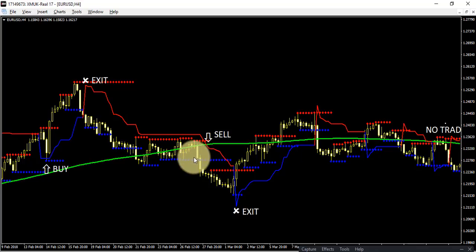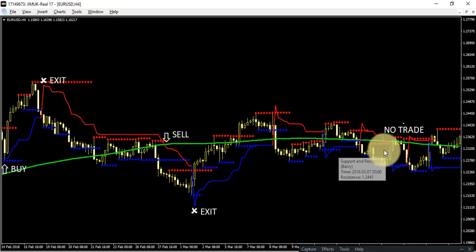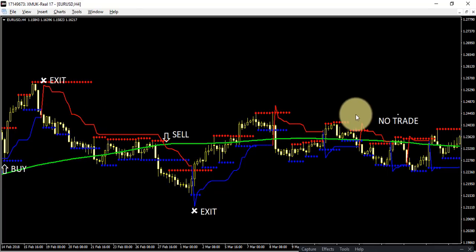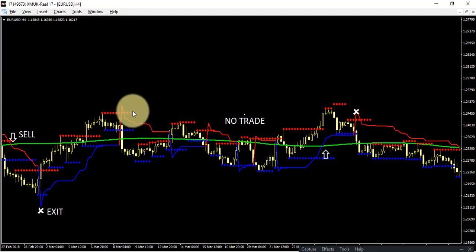Now we are under the 200 moving average and the color of the super trend is red. So we sell here and we exit here. In all this area, there may not be any trade. Have a look. However, if there are trades, they will probably all come out break even, because as soon as you enter your trade and it moves 30 pips in your favor, remember, move your stop loss to break even.